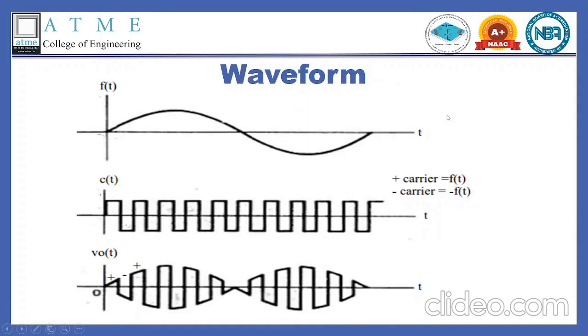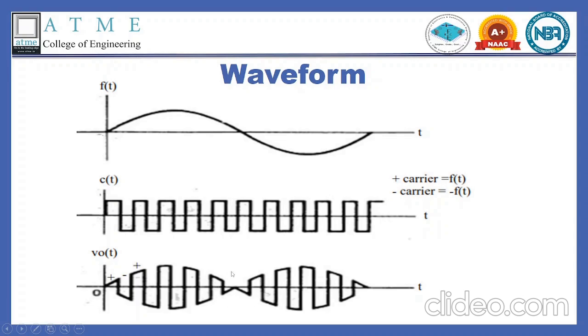This is the waveform we are going to get at the output. This is the message signal, this is the carrier signal. Finally we will be getting the DSBSC signal like this. See, this is the positive end and this is the negative end, and this is the suppression of carrier.